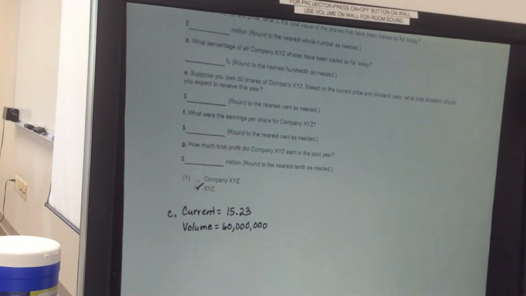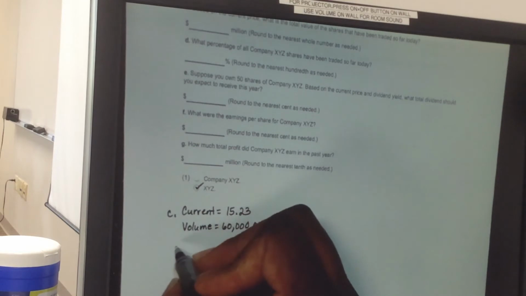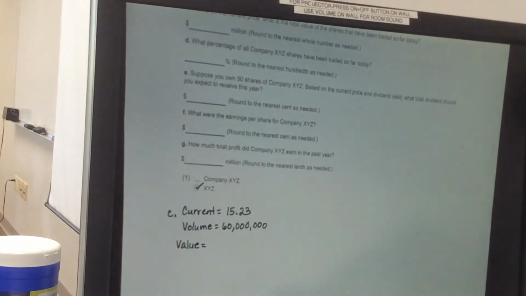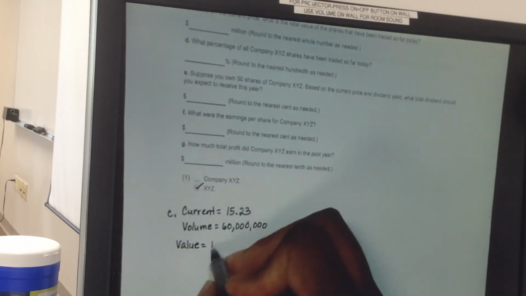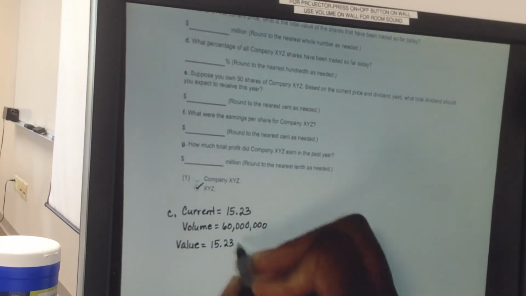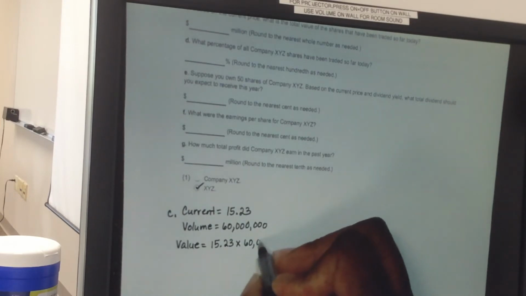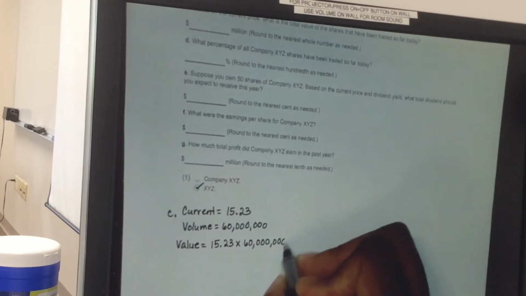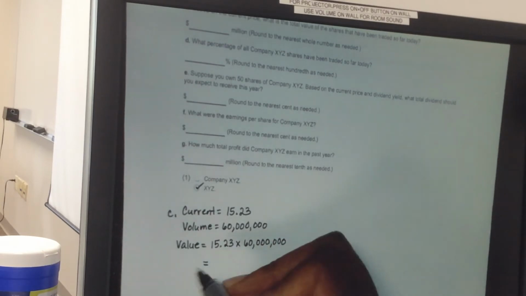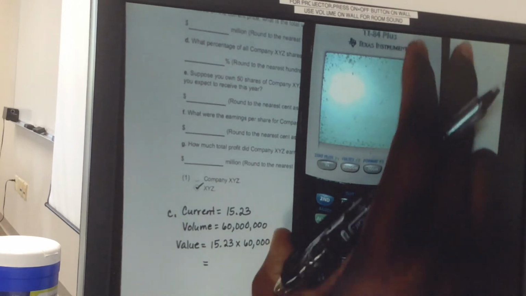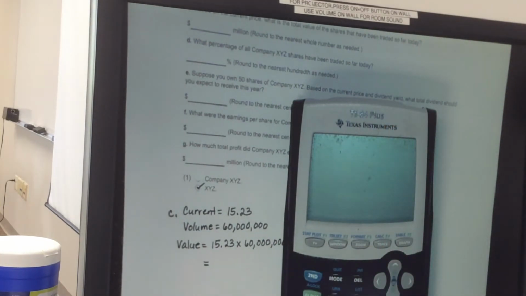So now, to find the value based on the current price, we're going to take that current price of $15.23, multiplied by the volume of 60 million. So 15.23 times 60 million, because that's got 7 zeros in it.